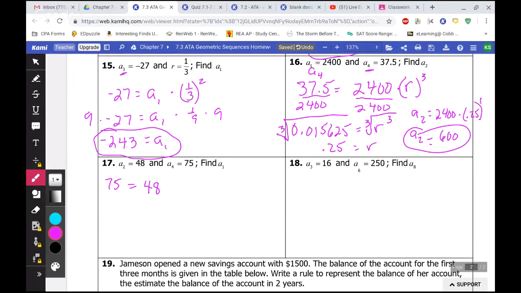We don't know the value of the first term, but we know the value of the second term. We don't know the common ratio.